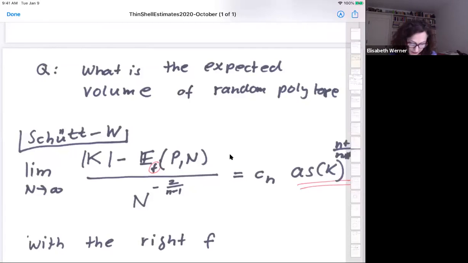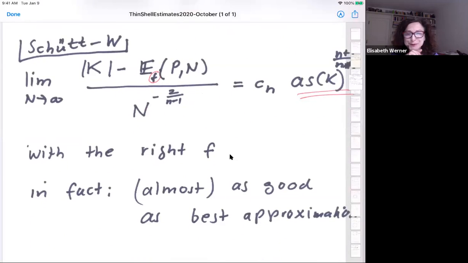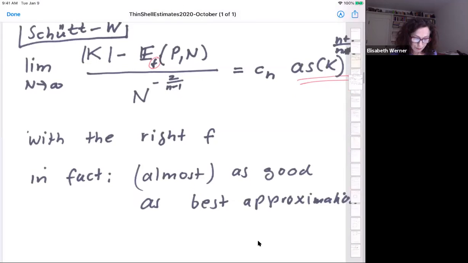Now, there is one amazing thing that I want to mention about this result, which is the following. This random approximation here is almost as good as best approximation. So what do I mean by that?